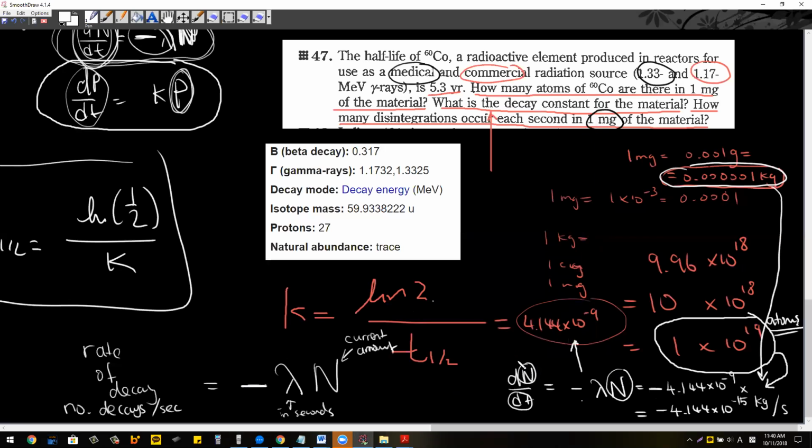So here's the thing. The question is saying how many disintegrations occur, so they only want a positive answer. But if they were saying, what is the rate of decay when there is 1 milligram of the material, then because rate is either positive or negative, in the answer you want to include the negative sign.